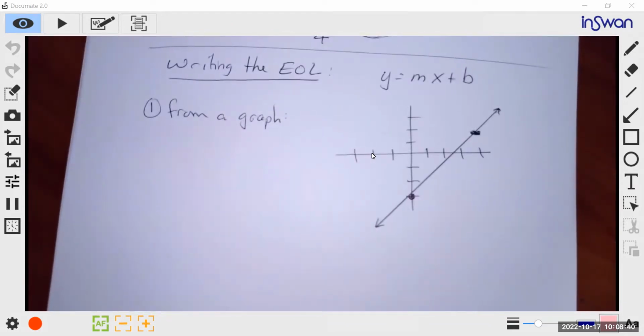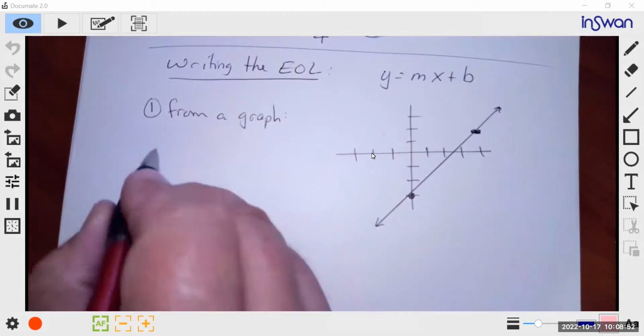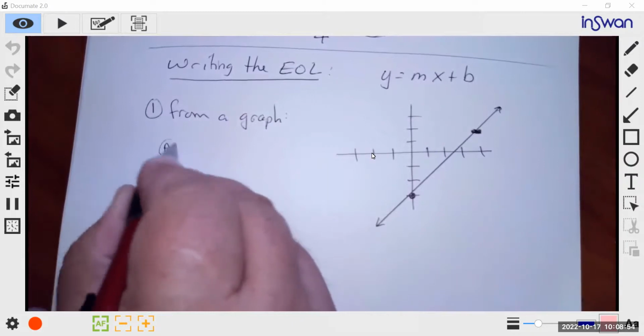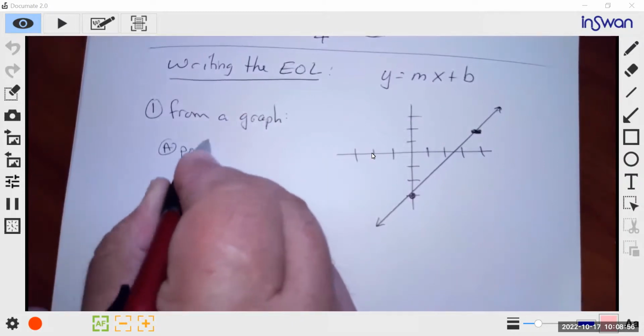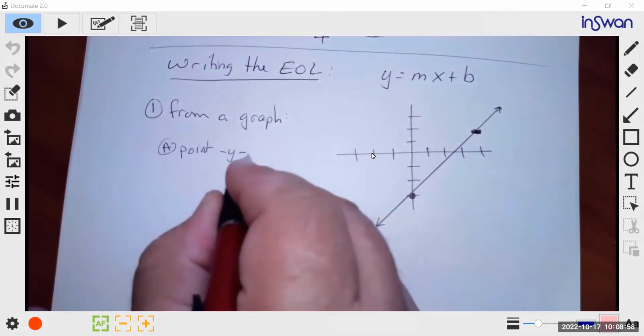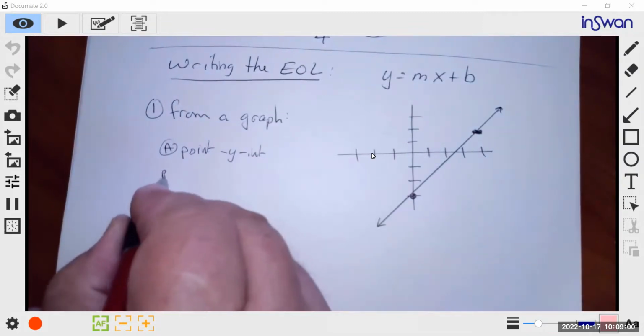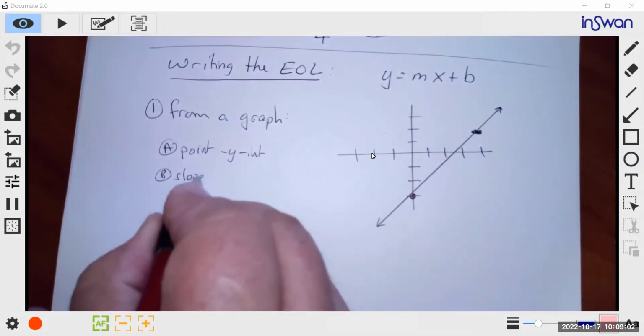If I give you a graph, can you tell me the equation of that line? To find the equation of a line, we need 2 pieces of information: a point, usually the y-intercept, and the slope.